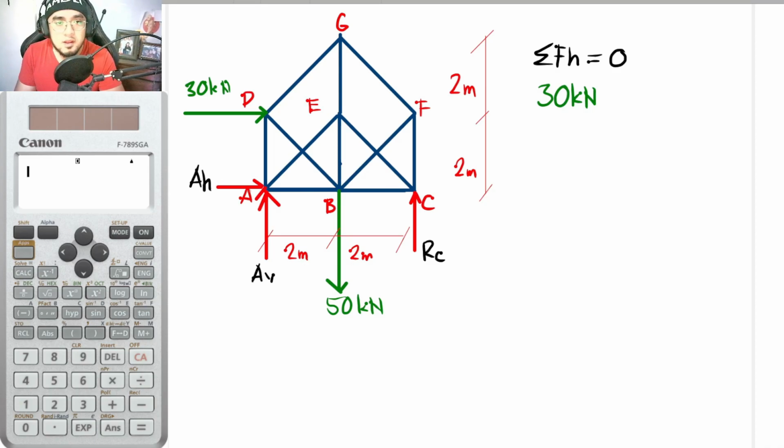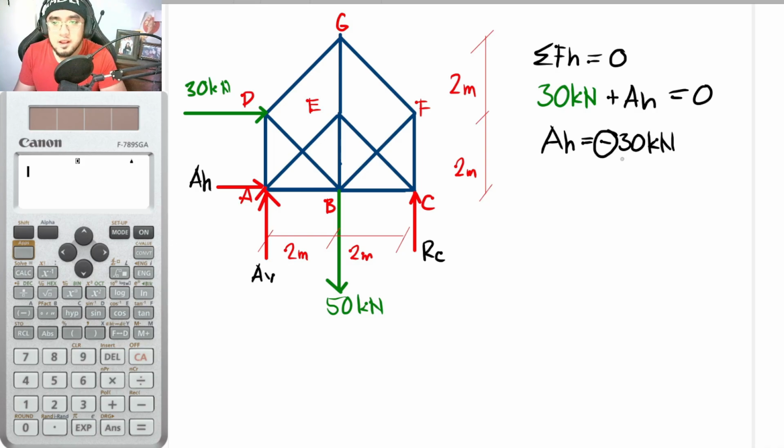But for the moment, since I have assumed it towards the right, I will now add AH here. This is just an assumption. If your assumption is incorrect, your answer would just be negative. So with that, this is now equal to 0. Solving for AH, transposing 30 to the other side, AH is now equal to negative 30 kilonewtons.